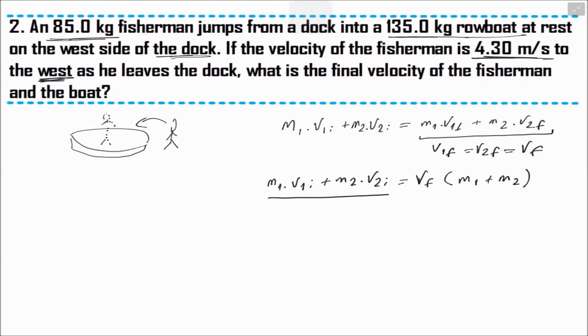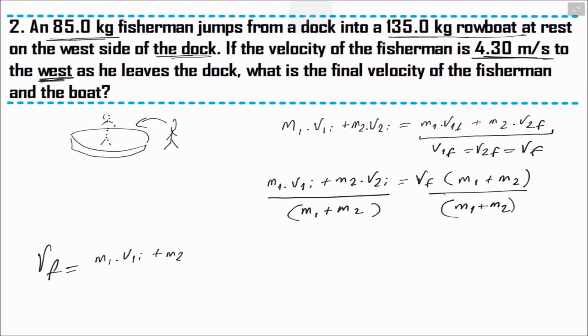If we divide both sides by m1 plus m2, we will have the equation for v final. So v final will be m1 times v1 initial plus m2 times v2 initial, over m1 plus m2.